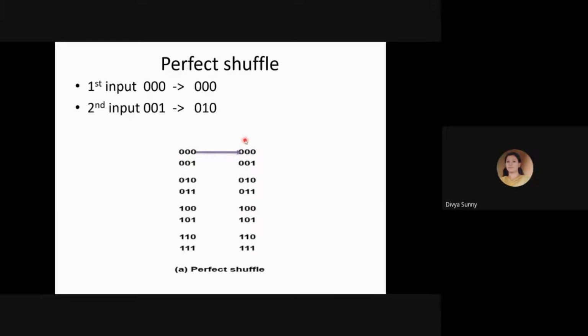Next take the second input 001. When this 001 is left shifted, the 1 in the least significant bit will go to the middle bit, the 0 in the middle will go to the most significant bit, and the 0 here will go to the least significant bit.